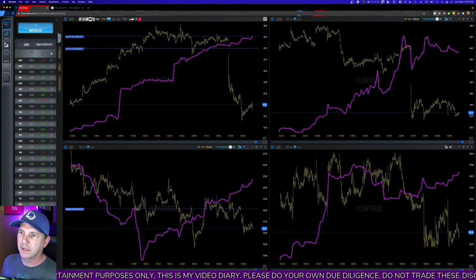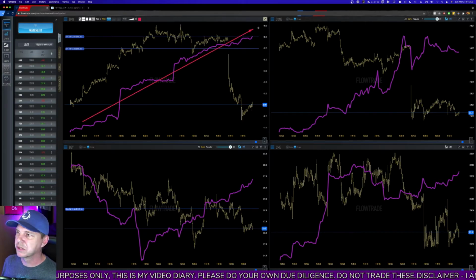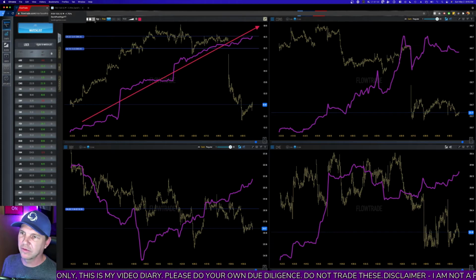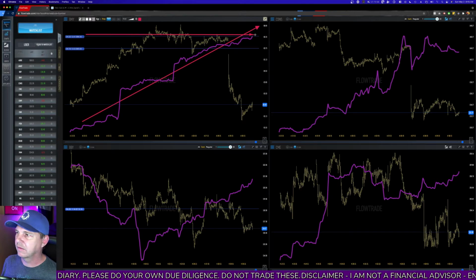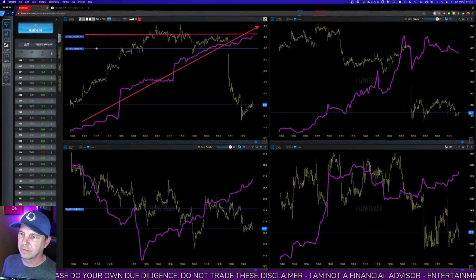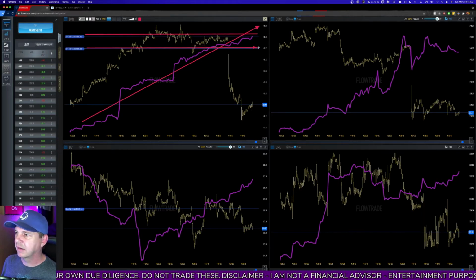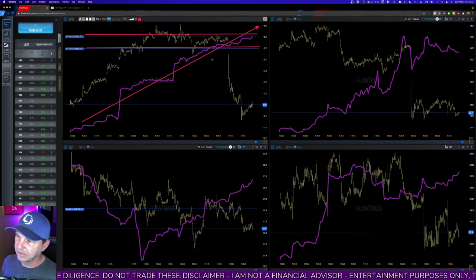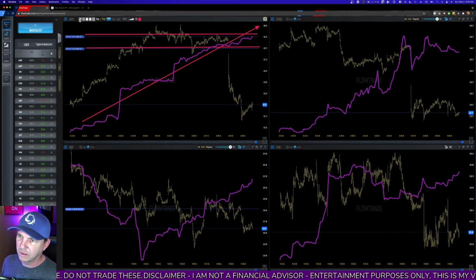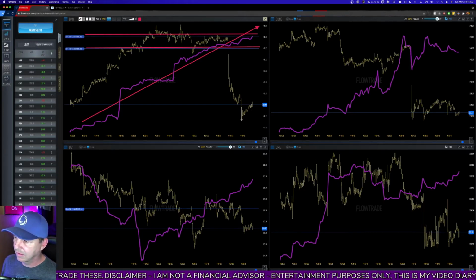All right. We are in a nice bullish uptrend. We've got 2 block trade levels to focus on. We've got this one here and this one here. These are going to act as resistance and then support. We've currently got uptrend trendline support.